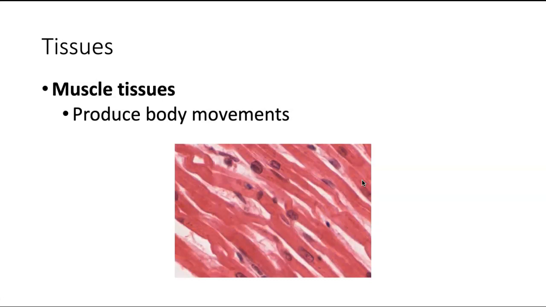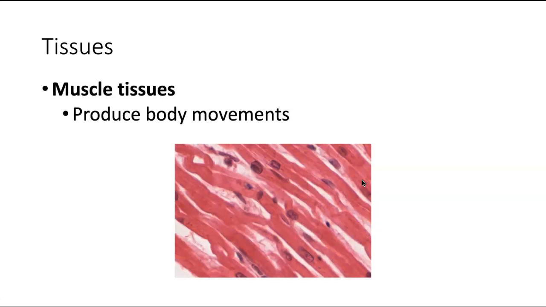Your small intestines, your blood vessels, they all have muscular layers that kind of move things throughout your body. So they're different types of muscles, but you are composed of many different types of muscles, and they are found everywhere in your body. So they produce body movements or movement of things in the body.